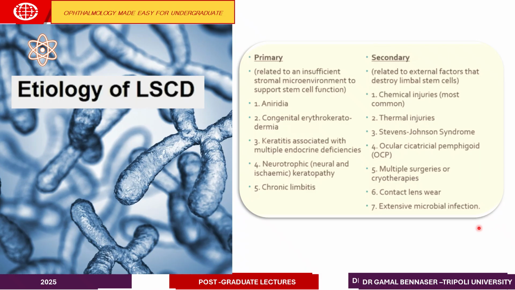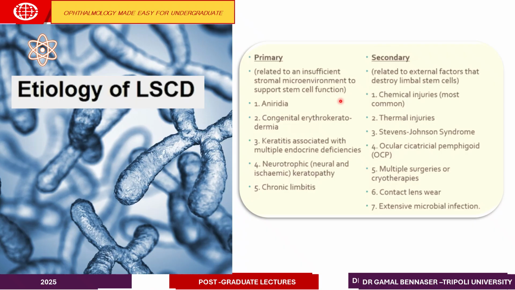Now we come to the causes of limbal stem cell deficiency. The causes range from primary idiopathic causes to secondary known causes. Among the primary idiopathic causes, at the top is aniridia and congenital erythrokeratodermia, and also keratitis associated with multiple endocrine diseases, neurotrophic keratitis, and also chronic limbitis or idiopathic autoimmune limbitis.